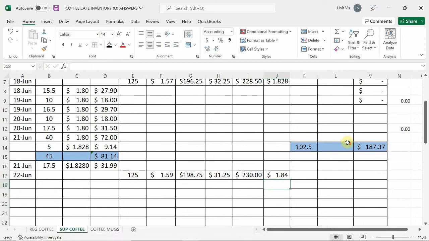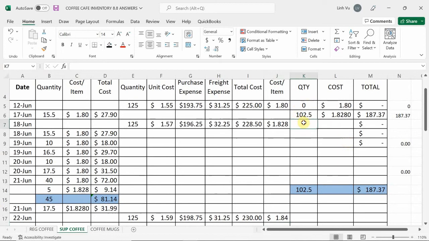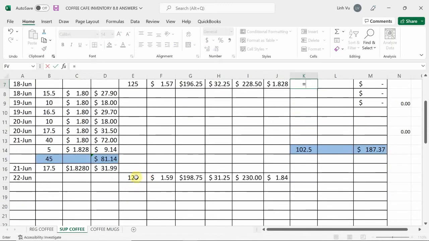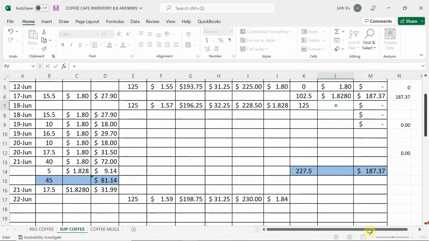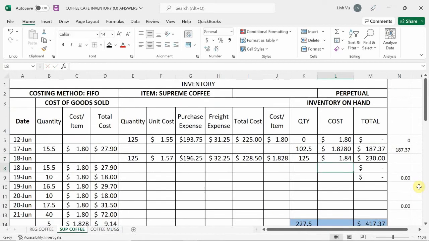So let's plug our numbers into our inventory worksheet. We have now a new batch of 125 at $1.84. So I should have 417.37. Yes.